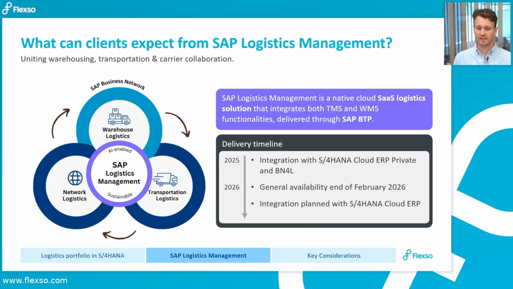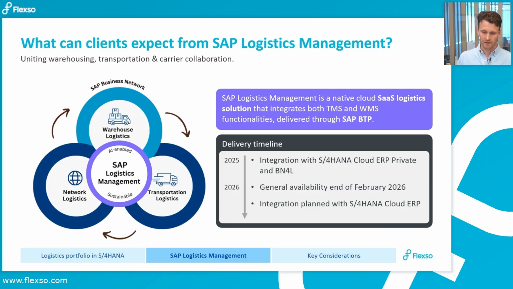Now, what can clients expect from SAP Logistics Management? As I said, it's a solution combining warehousing, transportation, and network logistics. It's a SaaS solution, so it's built on BTP, and it's generally available in February 26.